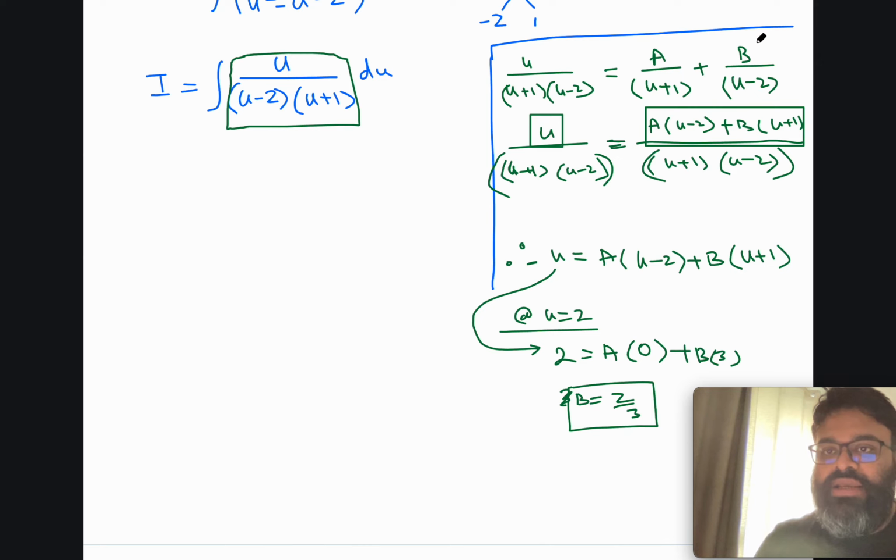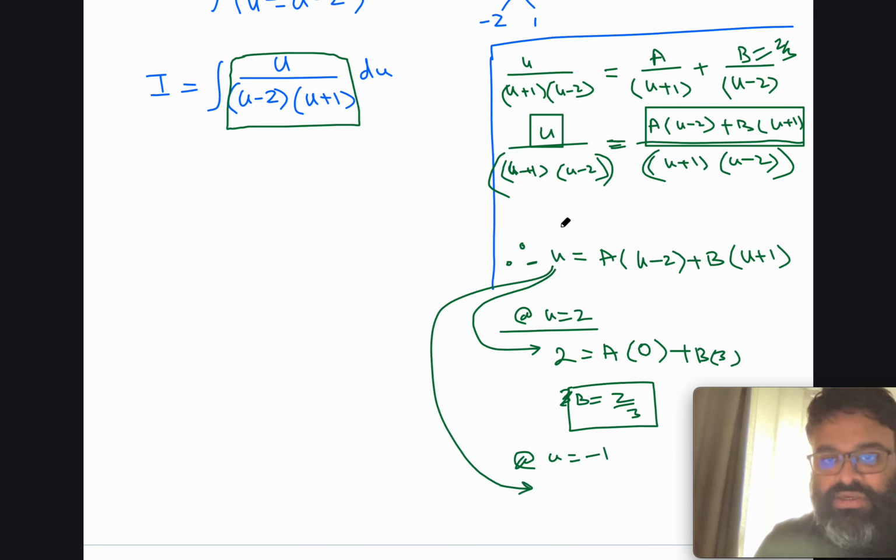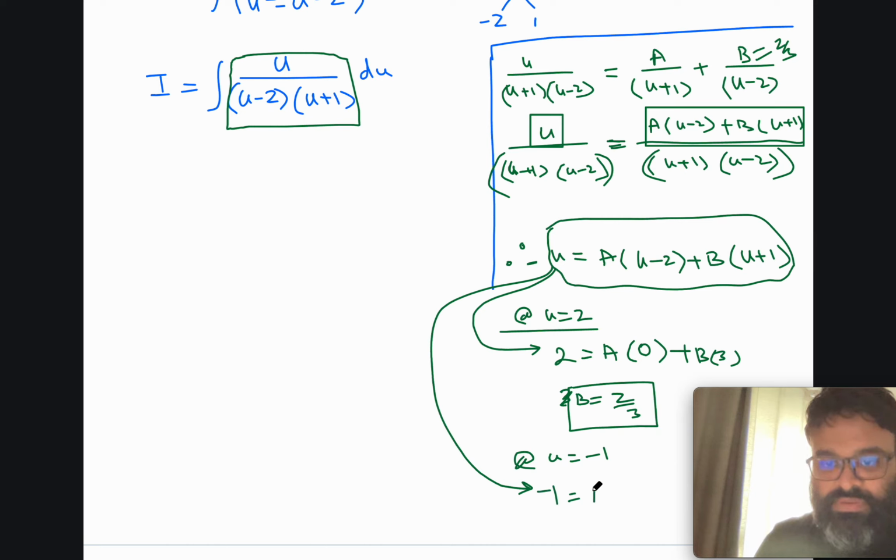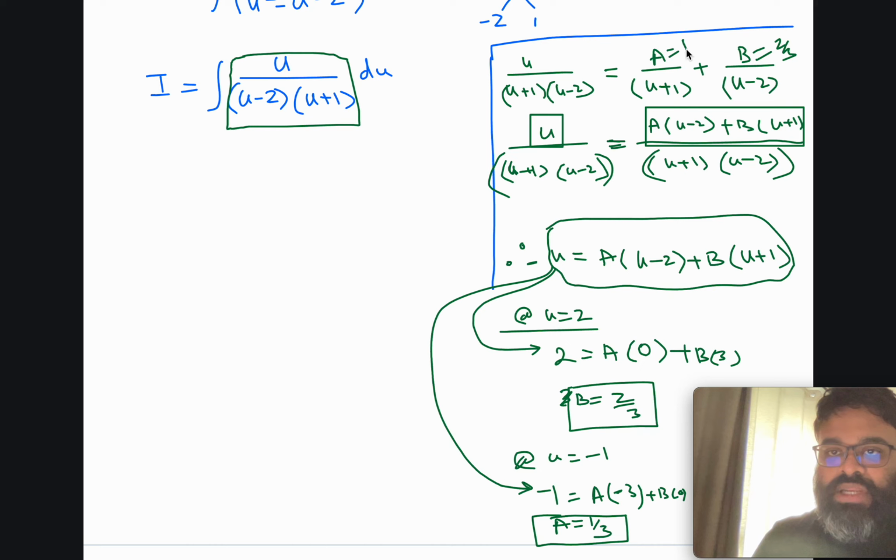Similarly, plug in u equals negative 1, so negative 1 plus 1 becomes 0. You get negative 1 equals a times negative 3, and b times 0. So a is equal to 1 over 3.